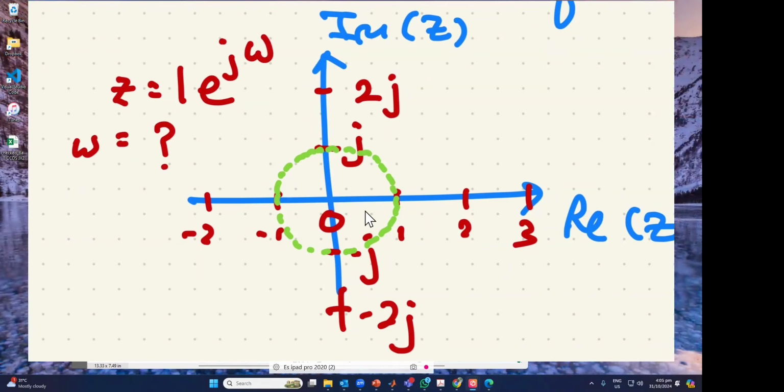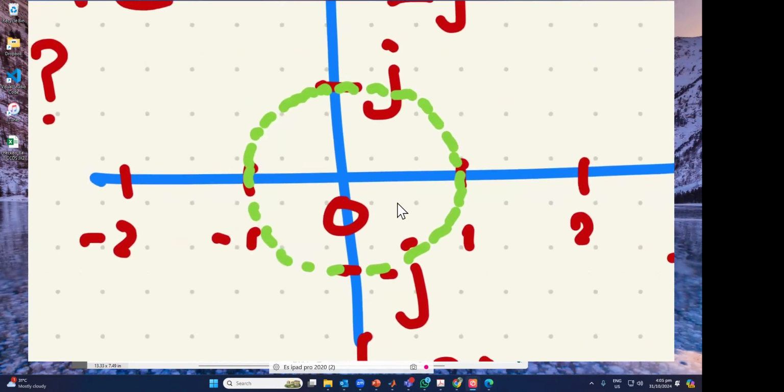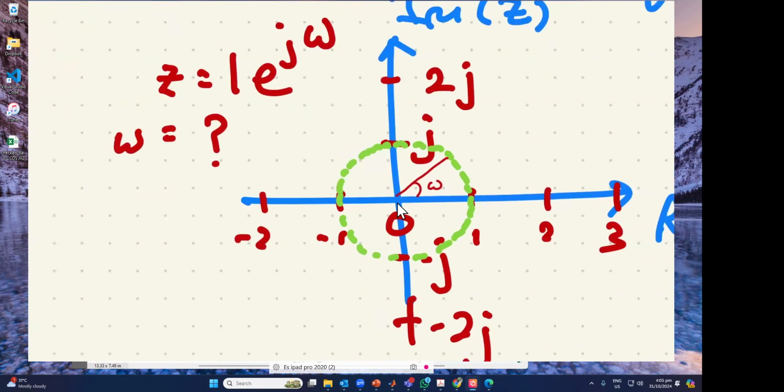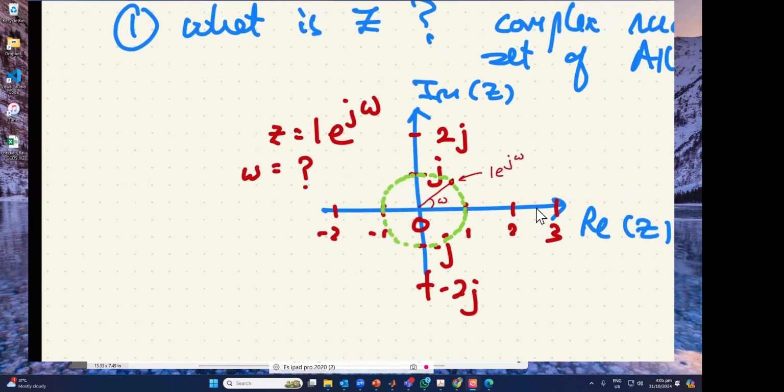Theta is now omega. This is omega, and this point is 1 e^(j omega), whatever omega is. And what can my omega be, guys? What is the range of omega that I can use for this unit circle? Anybody?